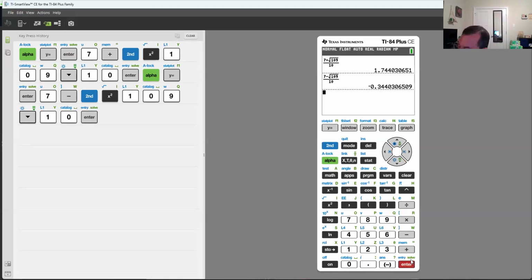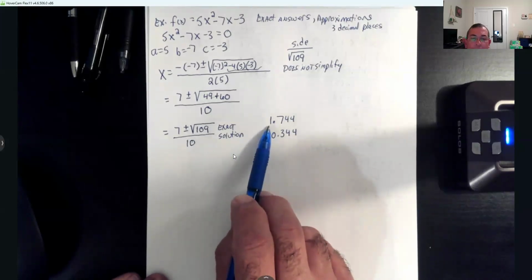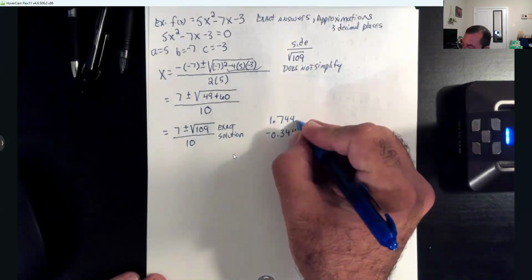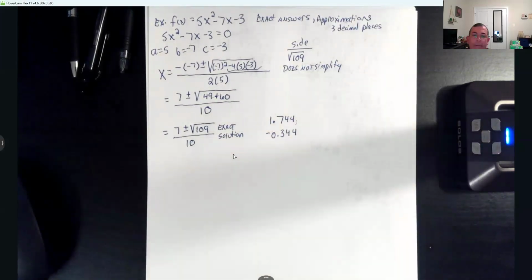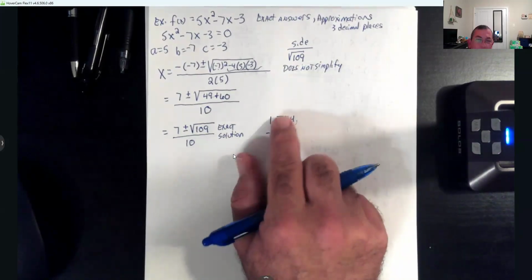Once again, it's got a 0 after the last 4, so I keep that 0.344 negative. All right, so on that one, it'll ask you for the exact solution, and then you'll come in and put your decimal approximations, and I believe you just put a comma and then the next one, okay? All right, so that's a tricky one because you had to do the decimals on it.